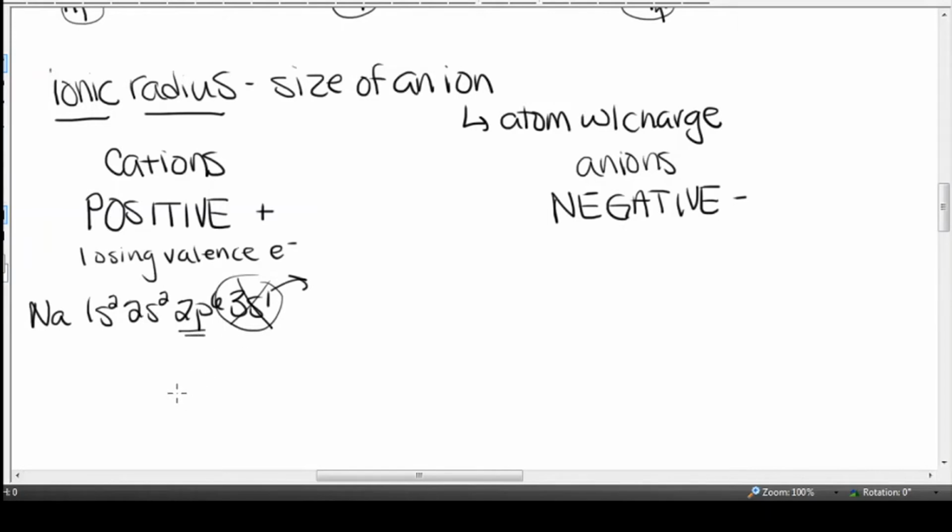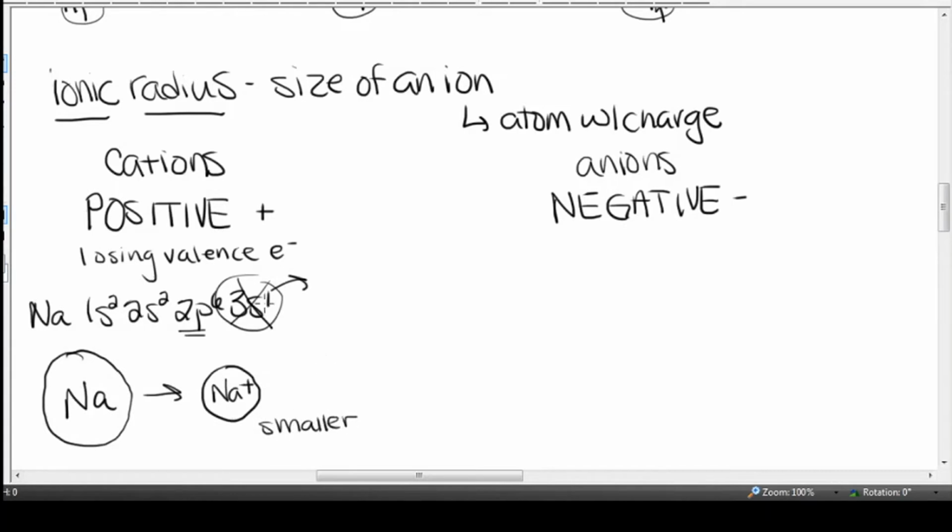That's going to be a smaller radius. So all you need to know is that when sodium becomes sodium 1 plus, it becomes smaller because it lost that whole third energy level. That electron is now gone.